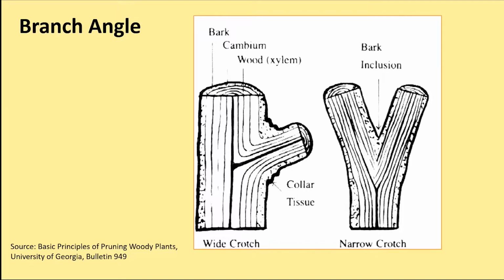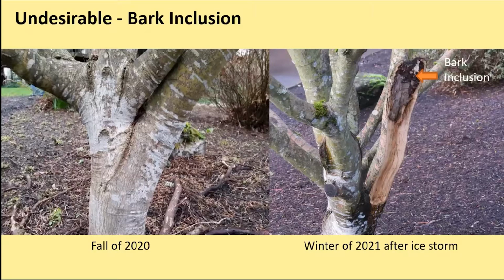Inclusion is, as the branch grows, the bark in that narrow crotch continues to grow, and it becomes compressed and included in the cambium wood. So that becomes a problem because the attachment is very weak. And I'll show you what I mean here.